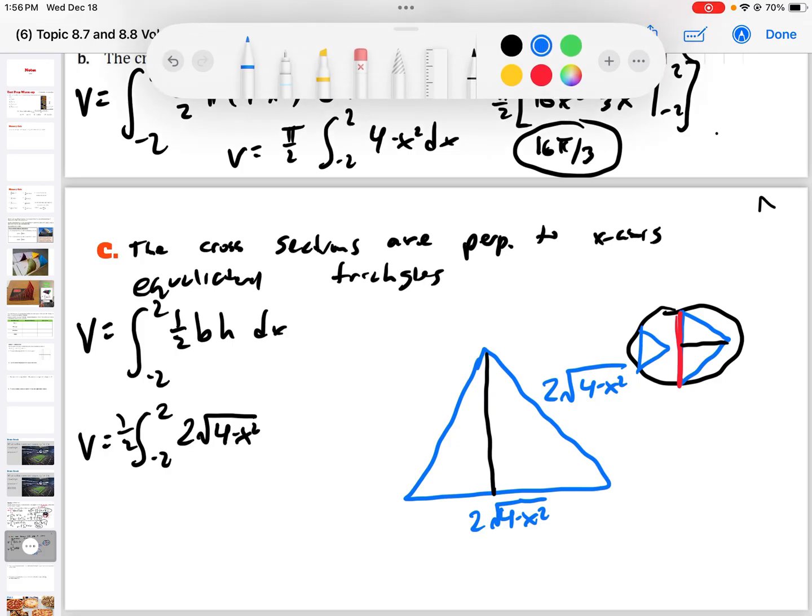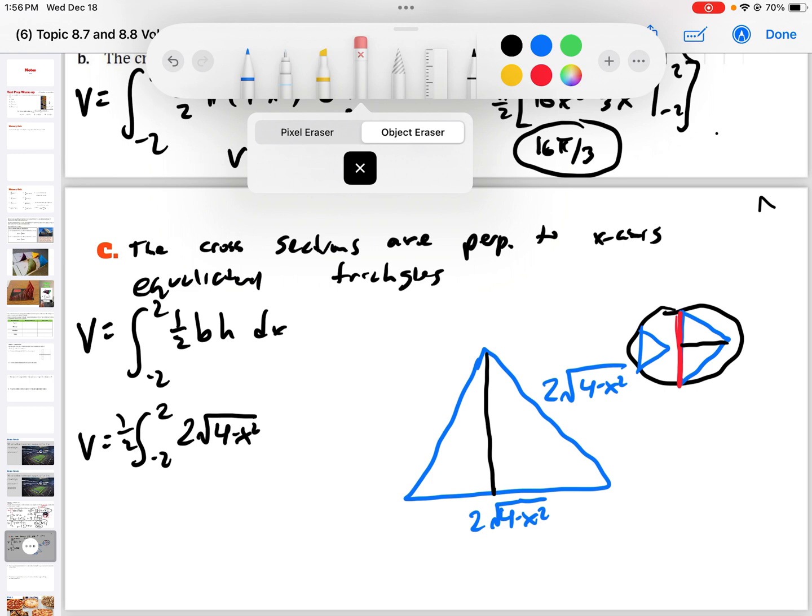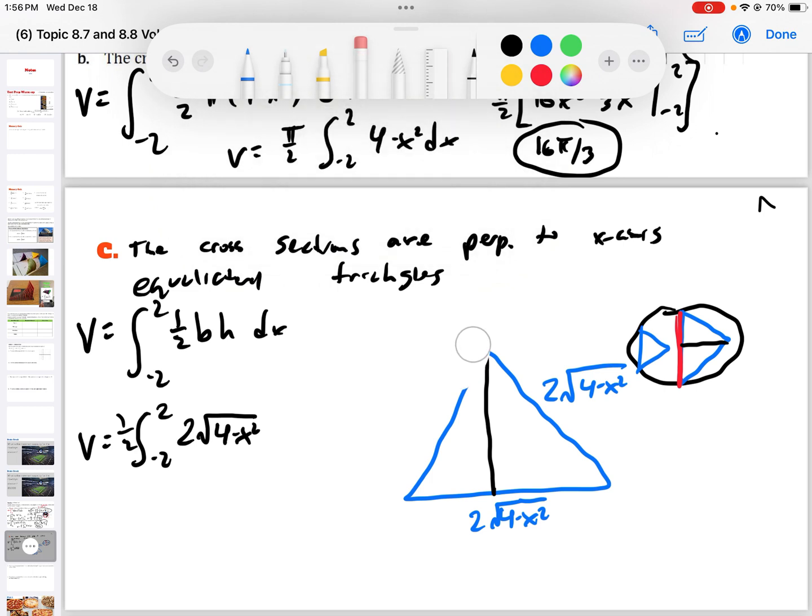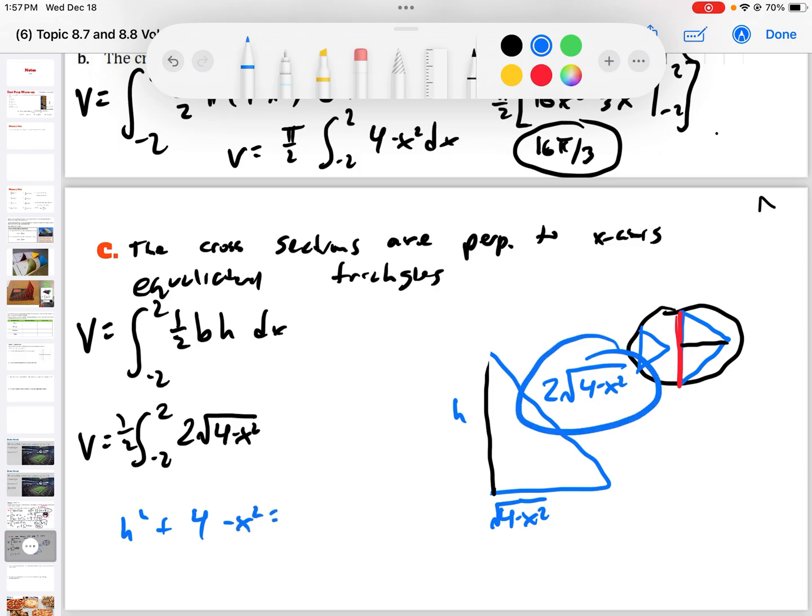And if I was just drawing this half of the triangle, this would just be 1 of those square roots of 4 minus x squared, and I could call this the height. So I've got h squared plus 4 minus x squared is equal to this squared, so your Pythagorean theorem, and then we're going to solve for h.